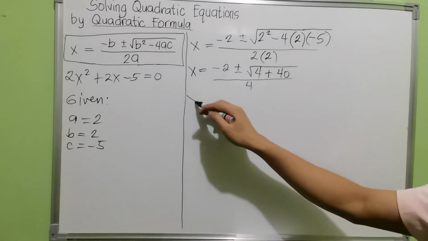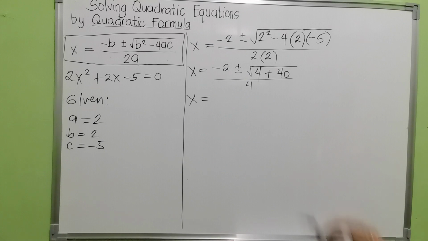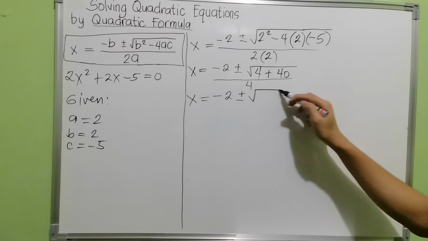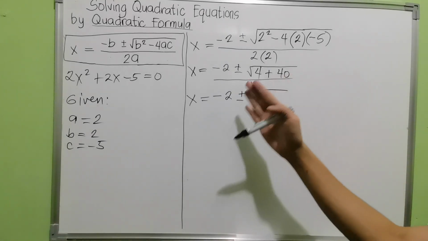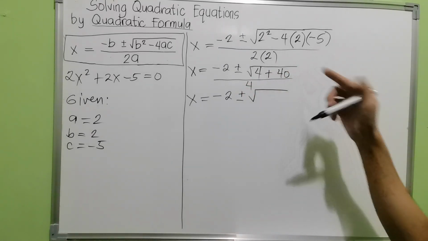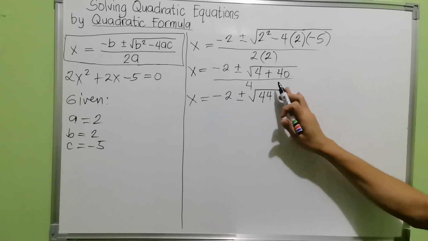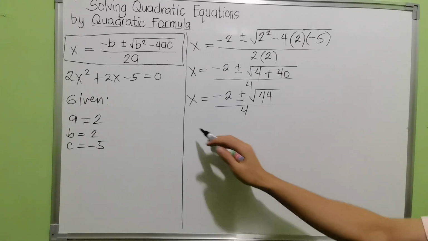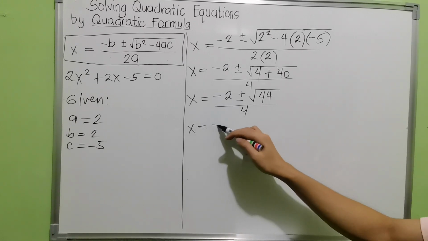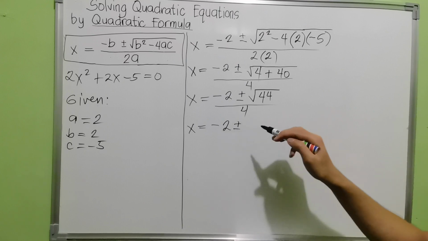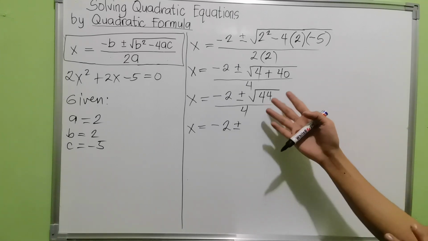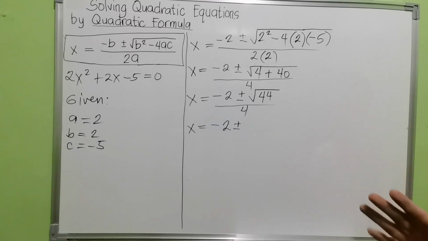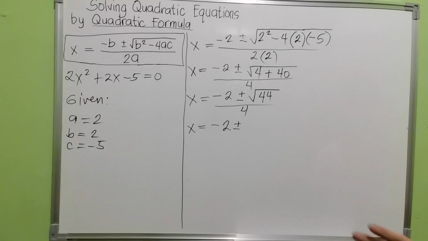So x equals negative 2 plus or minus the square root of 4 plus 40, which is 44, divided by 4. 44 is not a perfect square, but we can find factors where one number is a perfect square.